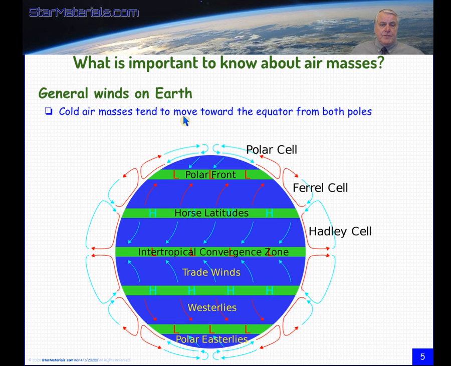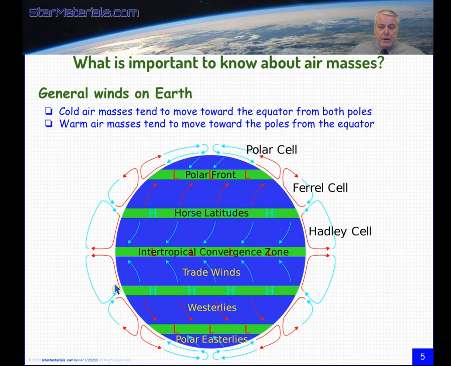Cold air masses tend to move toward the equator from both poles. That makes sense. It comes from the pole and goes towards the equator, where it heats up and then comes back. Warm air masses tend to move toward the pole from the equator. So you have a warm air mass here, it tends to go towards the pole.